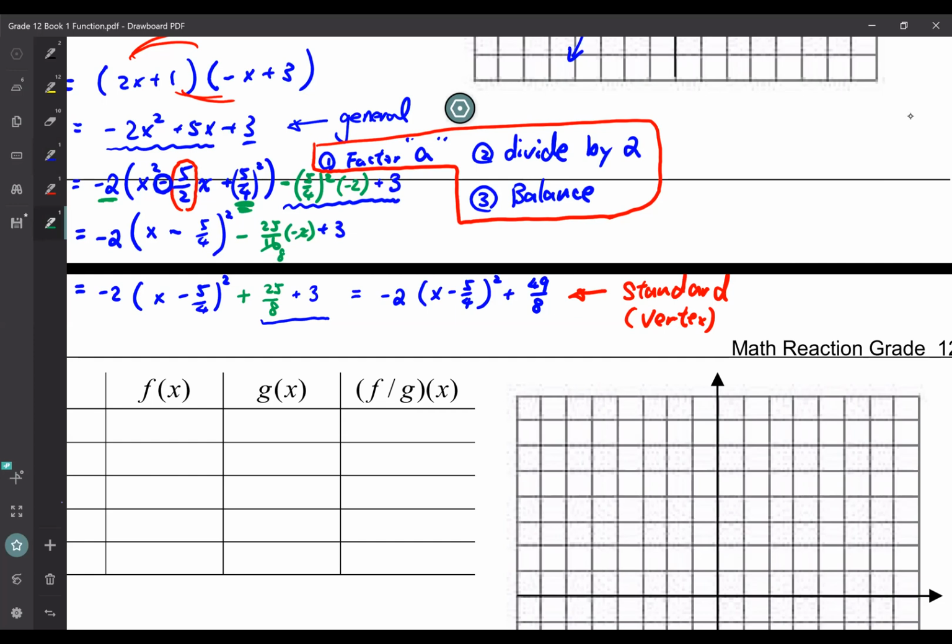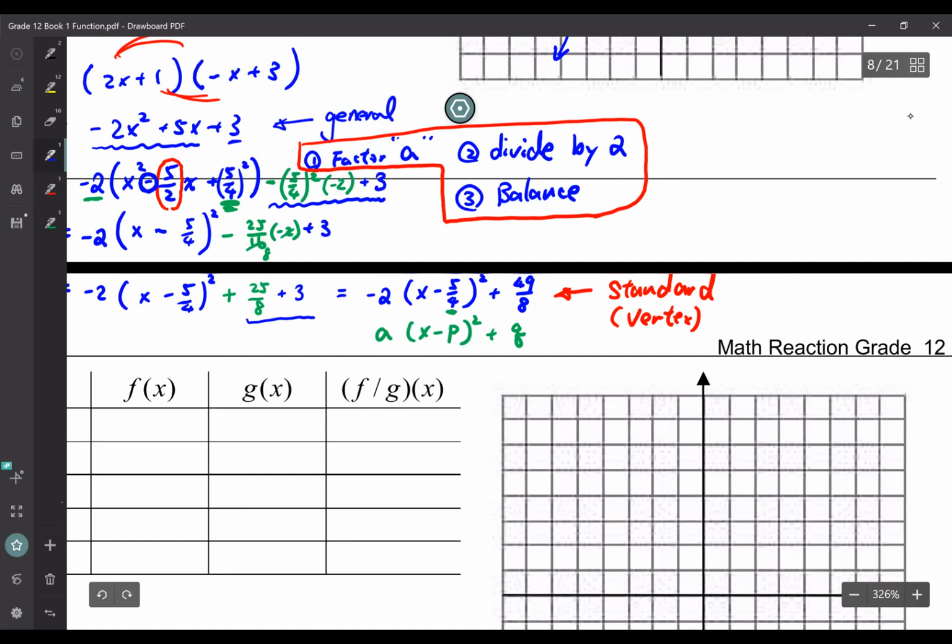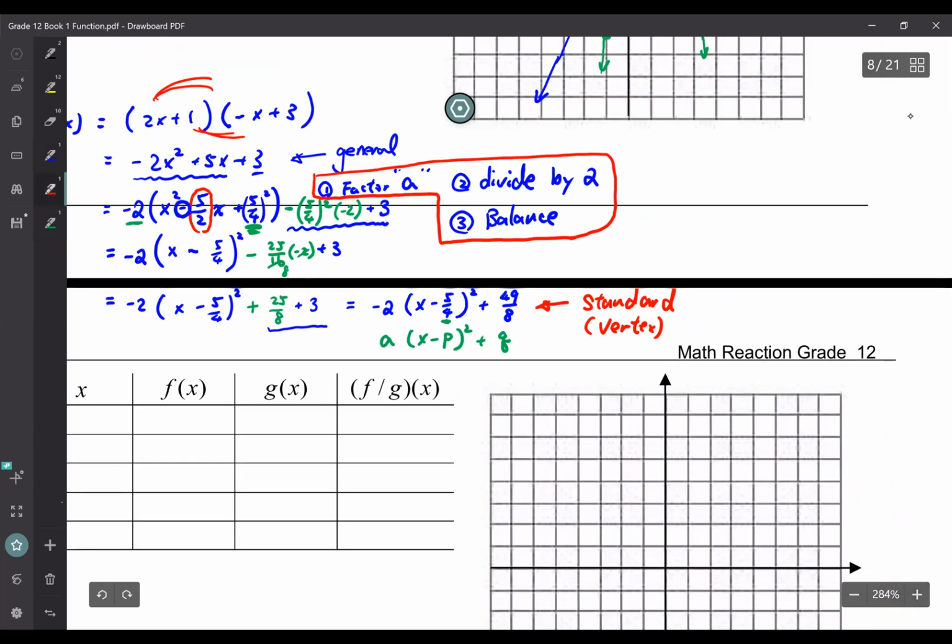Okay, actually you just use the positive, because the form is always, I'll write the form down here, will be A x minus P, right, plus Q. So P has to be always after the minus. So P will be 5/4. So let's write down the vertex. Okay, so our vertex is at 5 over 4 and 49 over 8, P, Q.